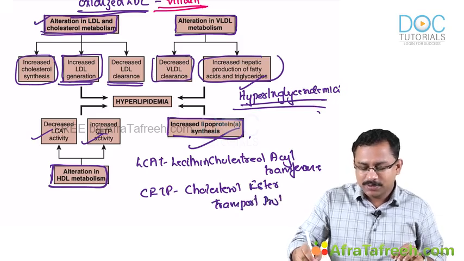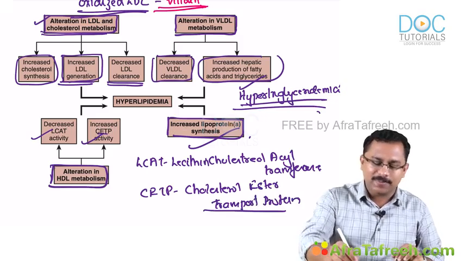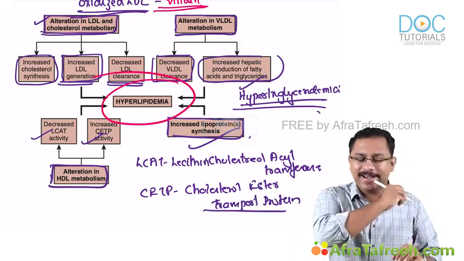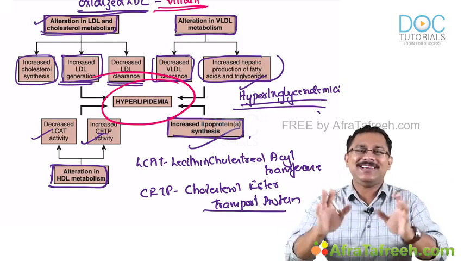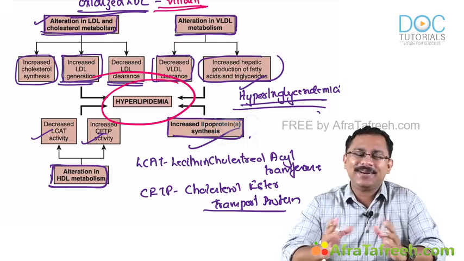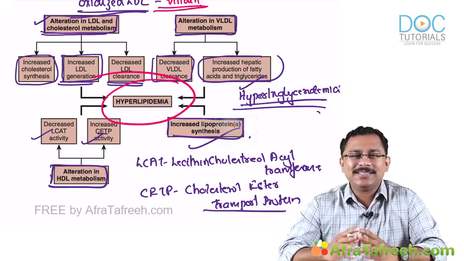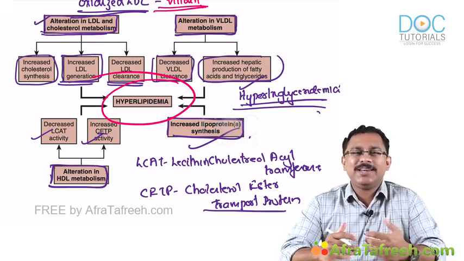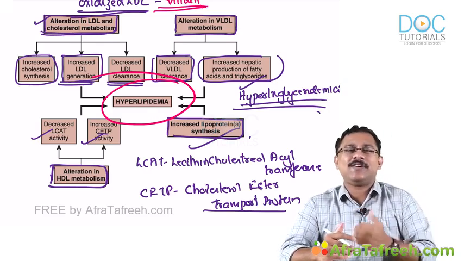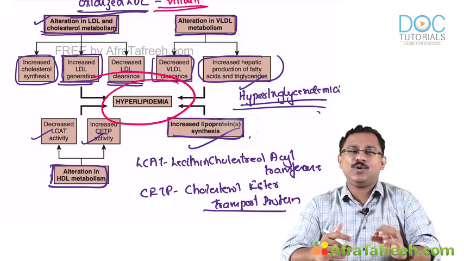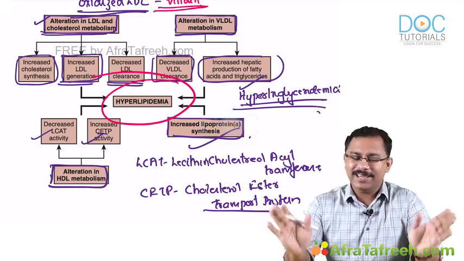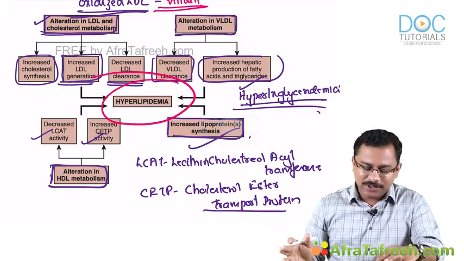All these culminate in hyperlipidemia in case of nephrotic syndrome. And always remember, individuals with nephrotic syndrome are at higher risk of developing adverse cardiovascular outcomes. Very clear? Okay, so that is also clear to you.